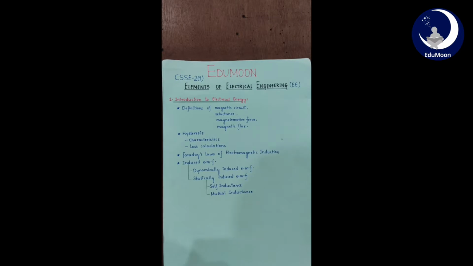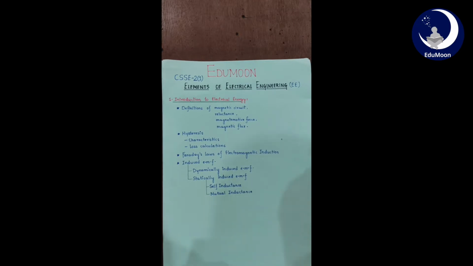In any discipline of science, in order to understand the subject, first of all, we have to be familiar with the basic definitions and terminologies that we use throughout that subject, right? So to understand and to do well in this EE subject, let's first learn the basic definitions and terminologies.